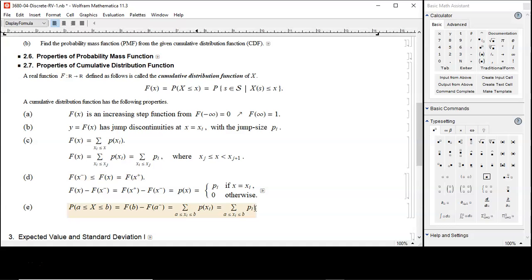And then if you want a probability from any interval a to b, then you do that by appropriate subtracting. So probability is the difference of function values, capital F of b minus capital F of a. This resembles the fundamental theorem of calculus.